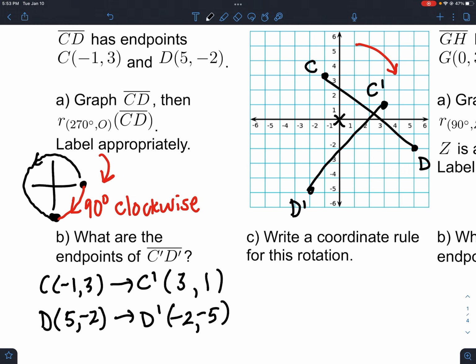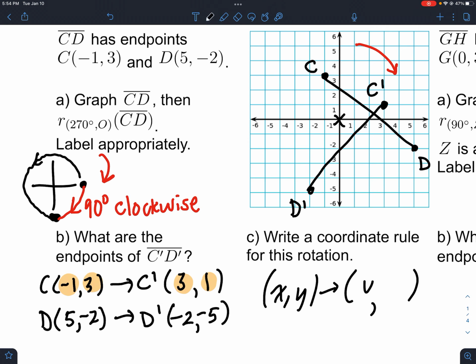Okay. What happened? And this is kind of our last coordinate rule that we're going to have in our table. I definitely sense a swap. Like you can see the 1 and the 3, like they switched places.